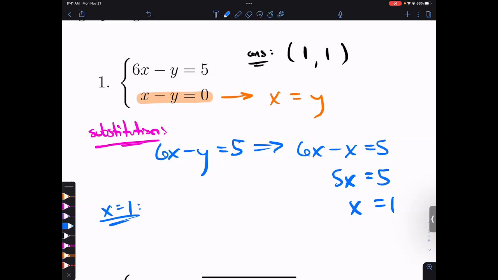Plug it in wherever you want here, and you should get the same thing for the other one. So if x is 1, then 1 minus y is 0, which means that y is 1. Or plug it into x equals y, or plug it in here. They're all going to give you the same thing, which leads you to x being 1 and y being 1 at the same time, satisfying that equation. Okay?